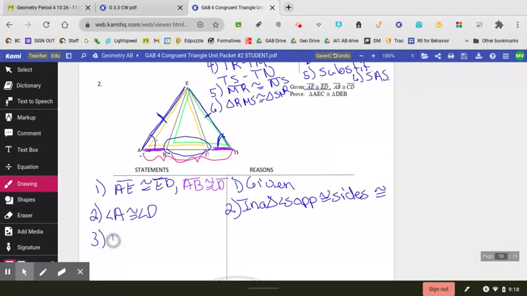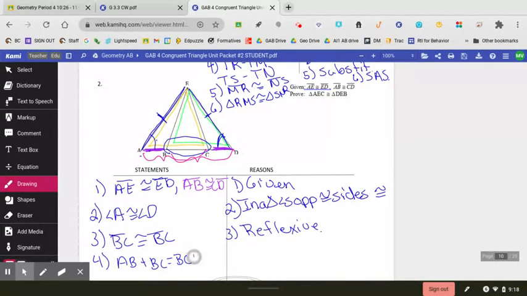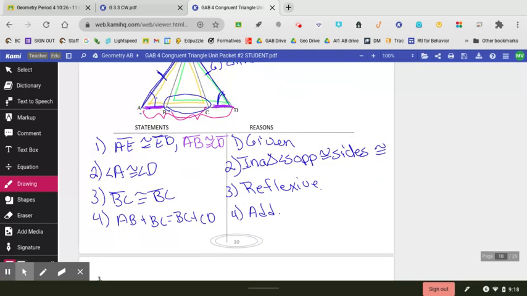So I start by saying BC is congruent to BC. I need to say that because I need two parts to add together, and right now I only have one, but that's reflexive. Then I can say AB plus BC is equal to BC plus CD, and that's addition. And then I know that AC is congruent to BD by substitution.